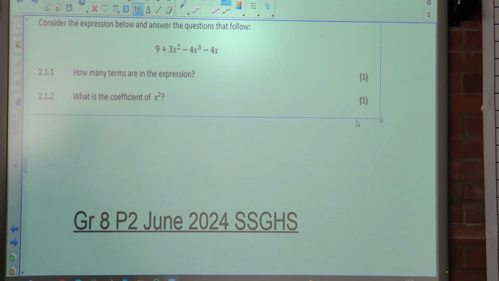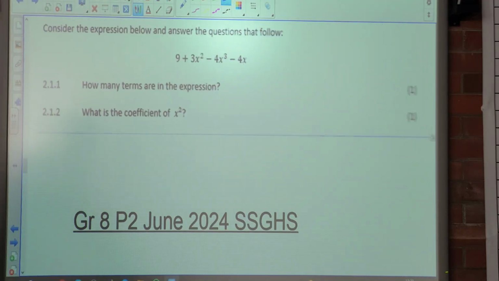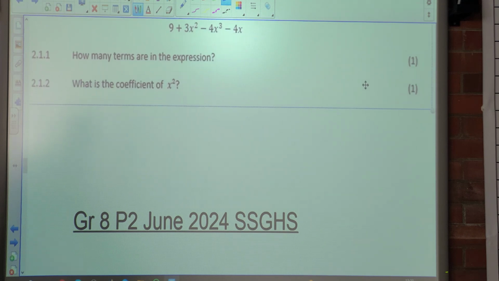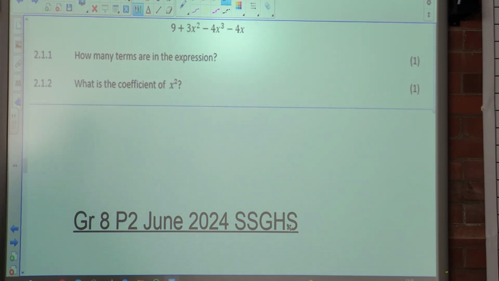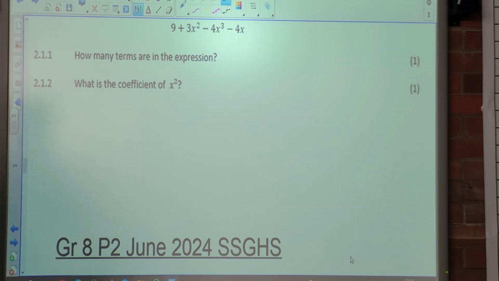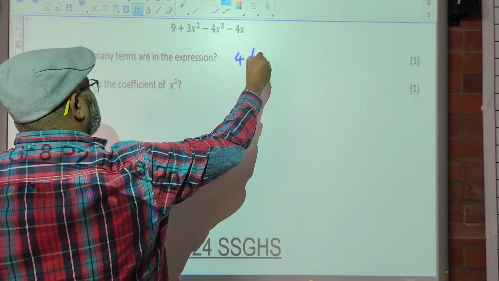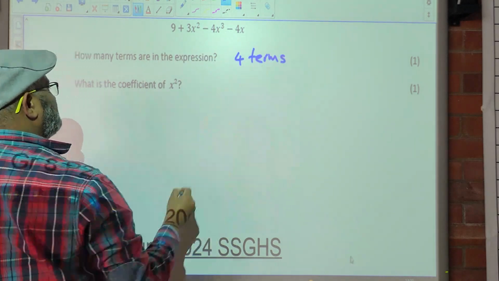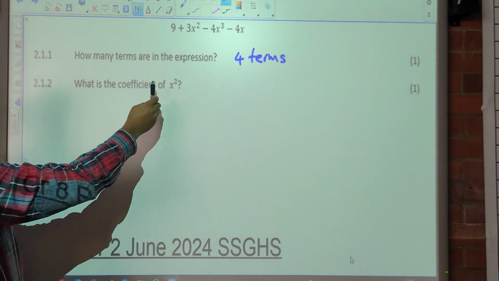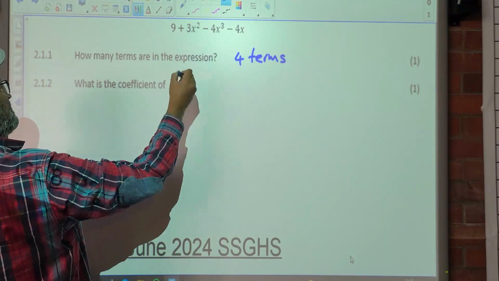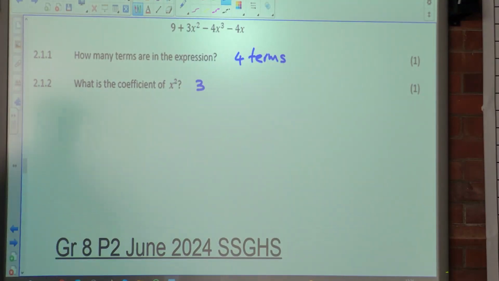Consider the expression below and answer the questions that follow. We're looking at question 2.1. 2.1.1. How many terms are there in the expression? How many terms are here? 4 terms. Okay. What's the coefficient of x squared? The number in front of x squared is 3.